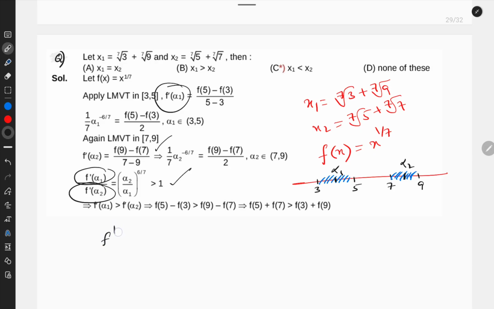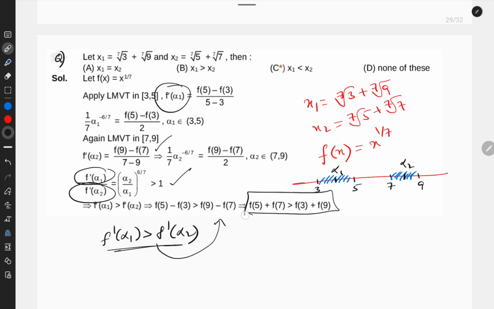That means f'(alpha 1) is greater than f'(alpha 2). So by substituting, we could compare the required numbers. So this is also another useful application of LMVT.